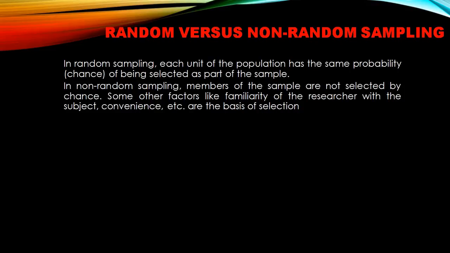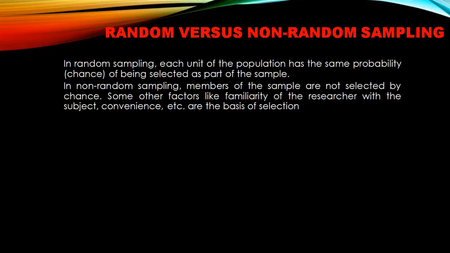That is, each unit of the population has the same chance of being selected as part of the sample. If I need to pick a few students in the class, I randomly put their roll numbers in a bowl and pick 5 students randomly. I can say every student had an equal opportunity to get selected. Such a kind of selection becomes random sampling.